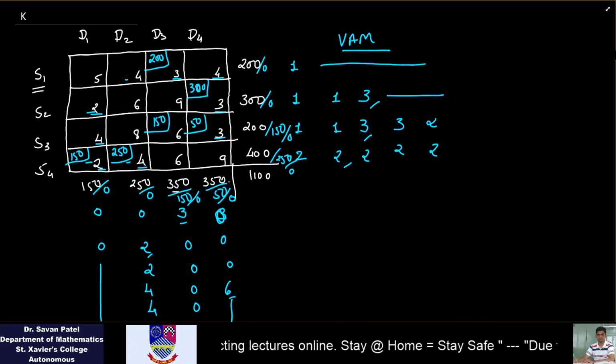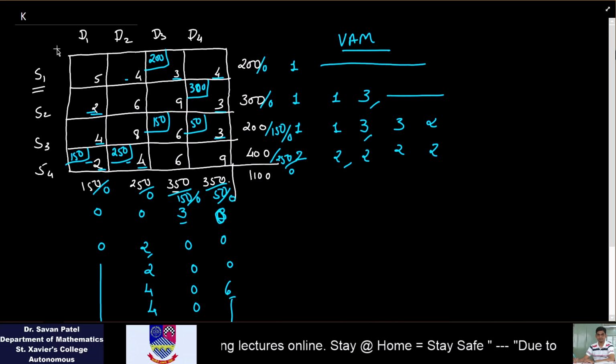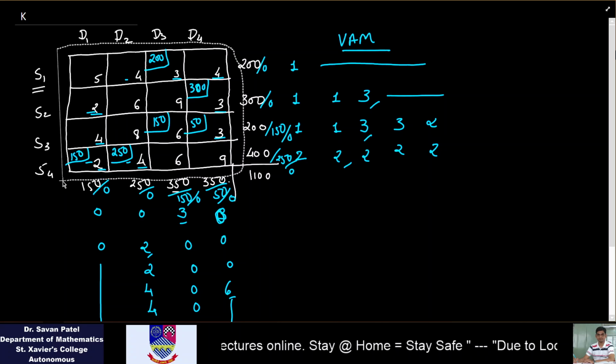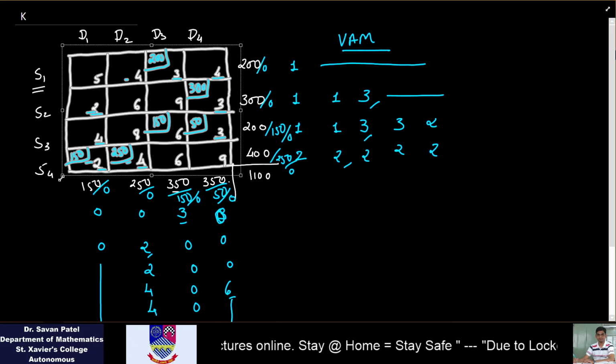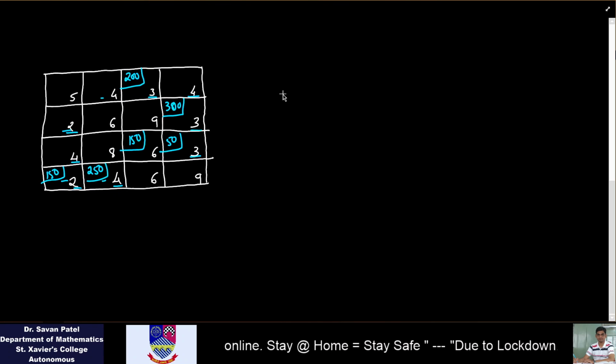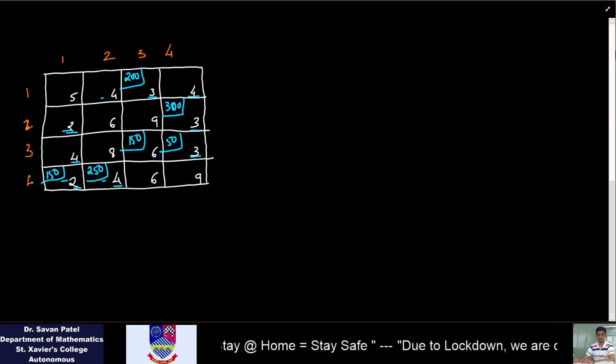Now let me copy this table. I want to show you one thing. Here we are having how much sources? Sorry, now 4 destinations and 4 sources. So your M is 4, your N is also 4.